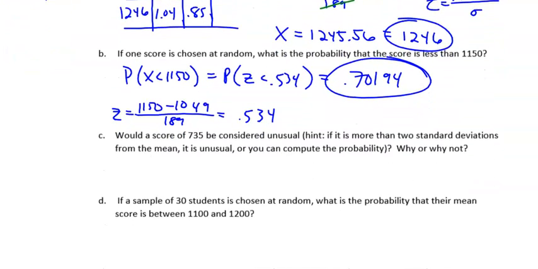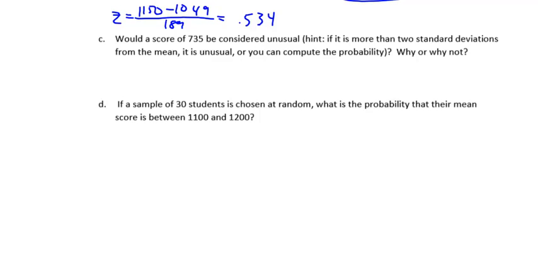Okay. Would a score of 735 be considered unusual? Why or why not? There are 2 ways to answer an unusual question. Give me a z-score if the z-score is really large or really small. A large z-score is a z-score over 2. A small z-score is a z-score under -2.